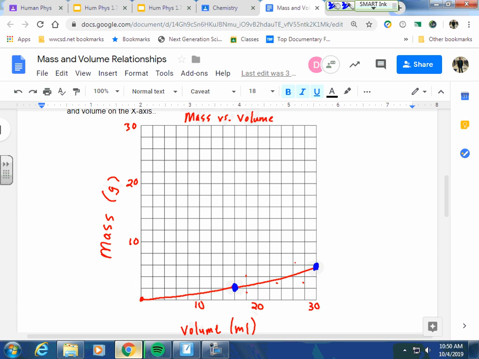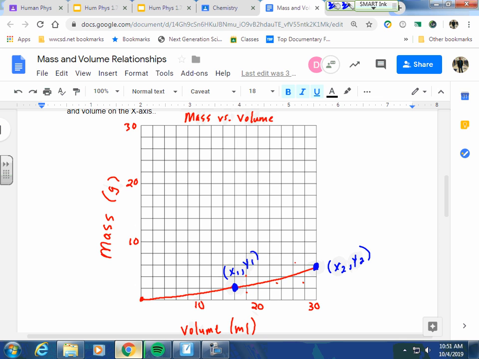So this is what we do. The point that's farther to the right, I'm going to title X2, Y2. And the point that's closer to the origin, if I go along the x-axis, I'm going to call this X1, Y1. Okay?